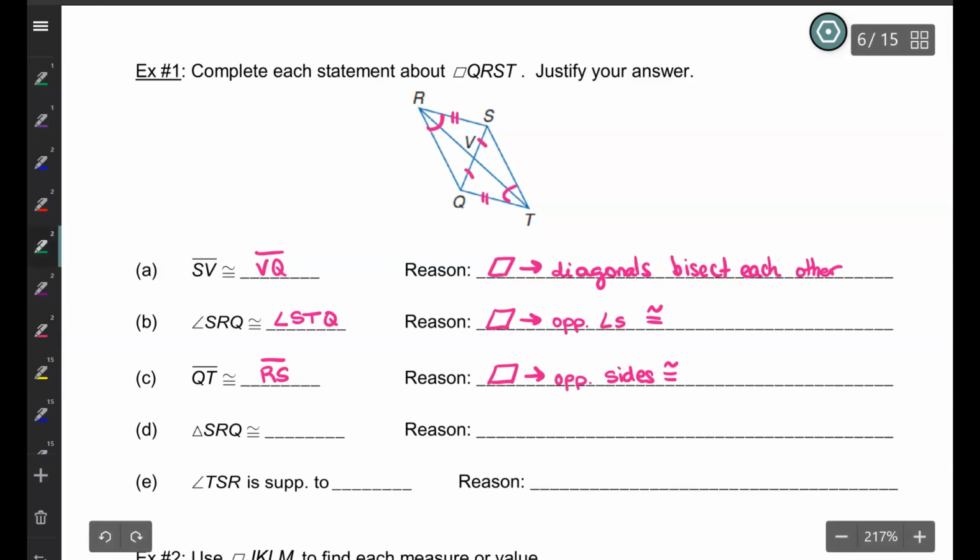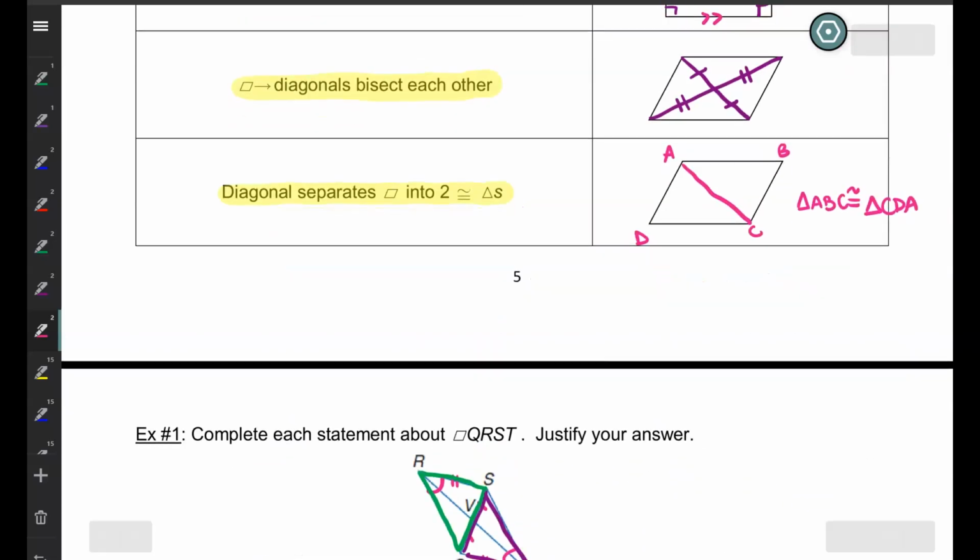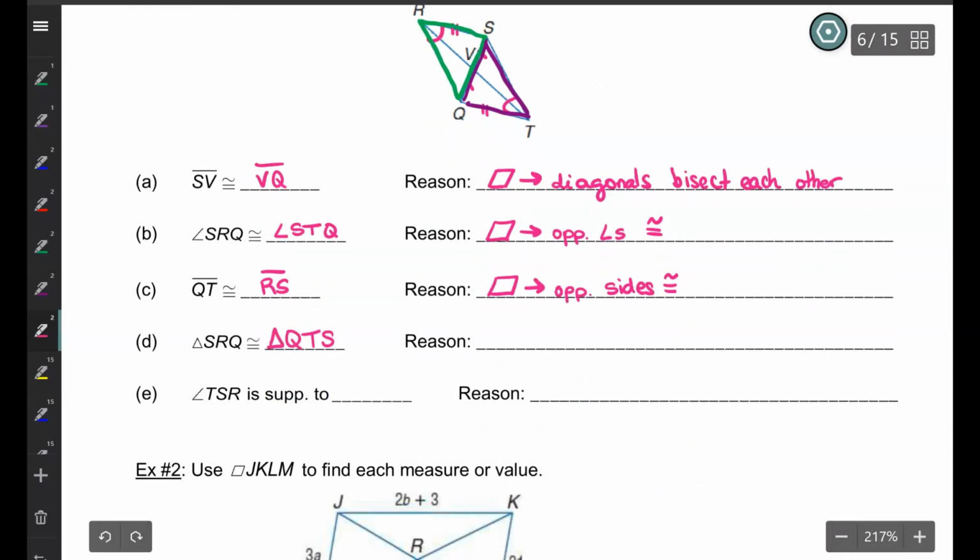Okay, next we have triangle SRQ. That has to be congruent to this other triangle here. So that's going to be triangle QTS. And the reason, that was the very last one: diagonal separates parallelogram into two congruent triangles. This one's kind of hard to abbreviate here.